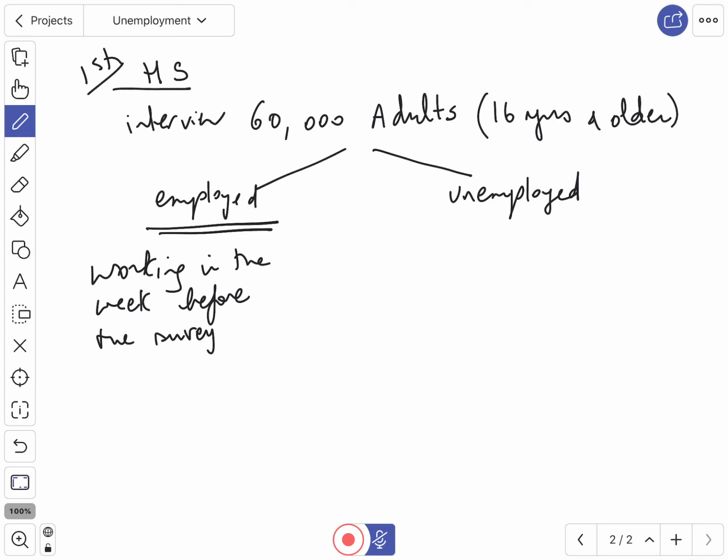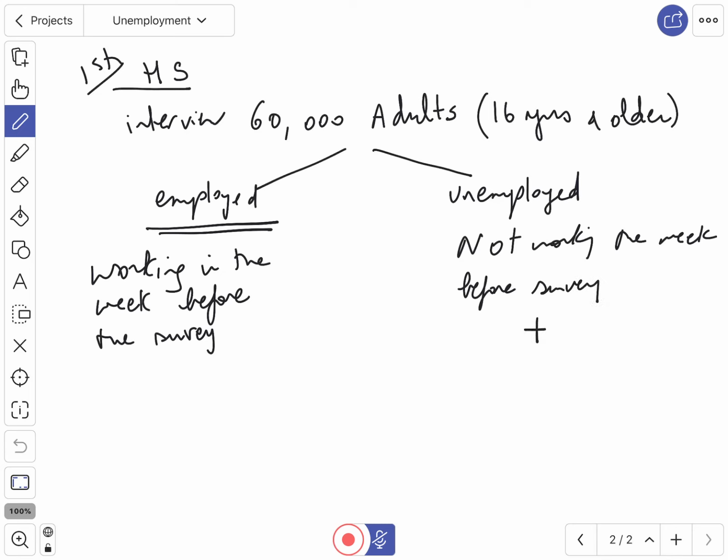If you're working to the very last week, then the answer is yes. If no, then you're classified as being unemployed. So you are not working the week before the survey, but this is not enough.